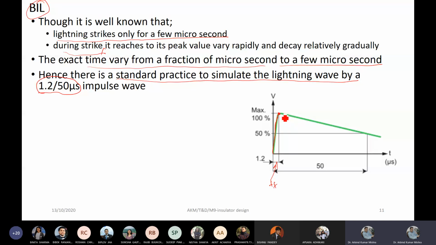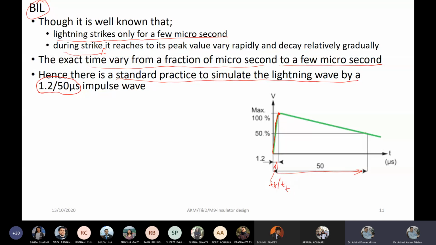Then another time is defined, because the front time is important for how steep the lightning is, how fast it comes. And the tail time is also important, because it shows how long the lightning persists. The lower the tail time, the faster it decays.